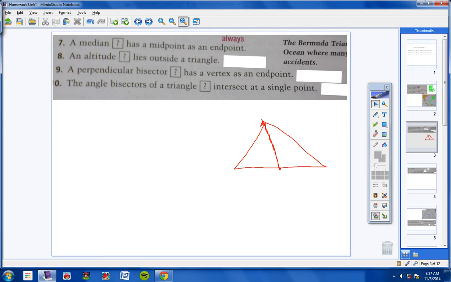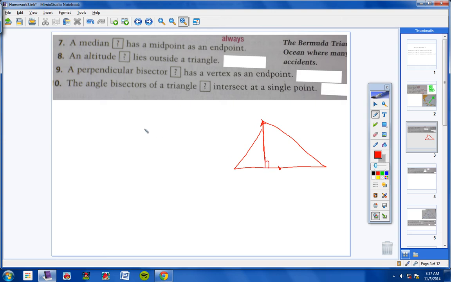Okay, number 8. An altitude lies outside a triangle. Well, guys, sometimes that's true. Look, if I have this triangle right here, and I want to draw the altitude, it would obviously lie inside the triangle.